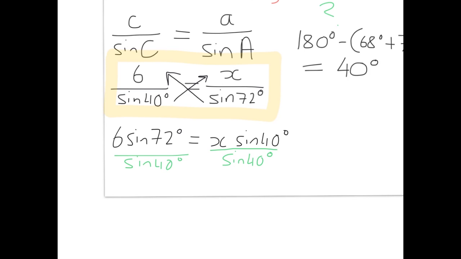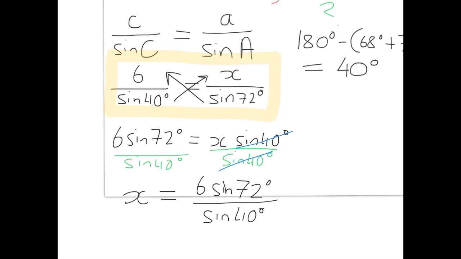And we notice that on the right hand side here, sine 40 degrees cancels. And that means we're left with x equals 6 sine 72 degrees divided by sine 40 degrees. And you can use your calculator to work out that this is equal to 8.8774, and so on.